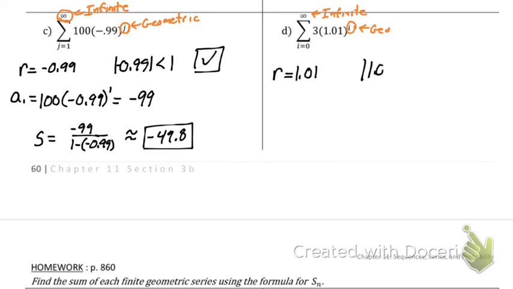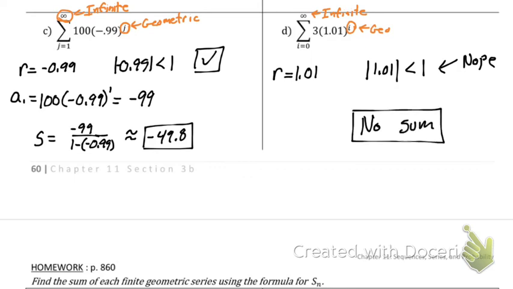The absolute value of 1.01, is that less than 1? It is not. So that means there's no sum. Like Jacob said, that would be infinity, but we're just going to put no sum, because you can't actually calculate infinity.